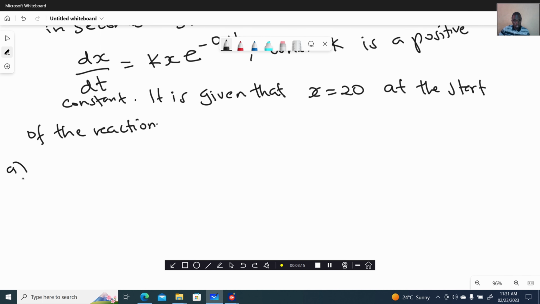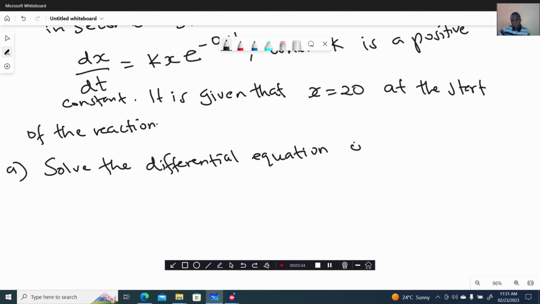So part A of this question: solve the differential equation, obtaining a relation between x, t and k.